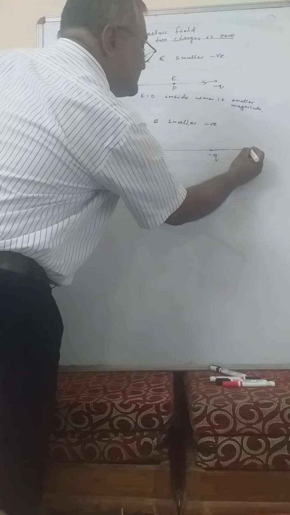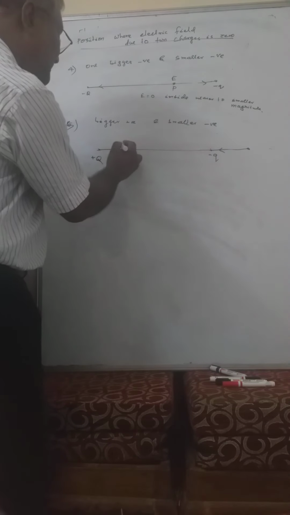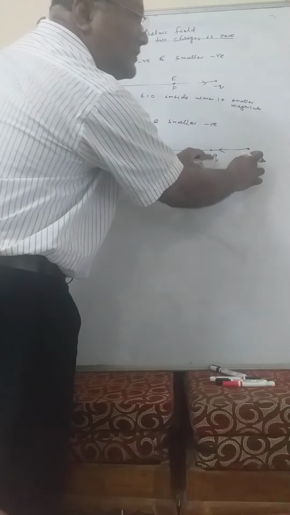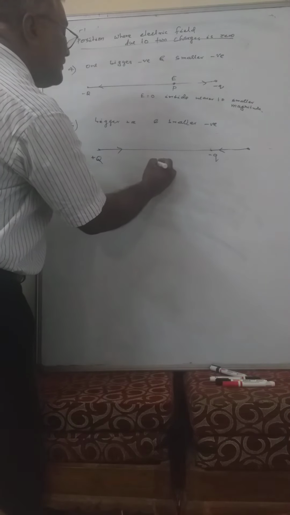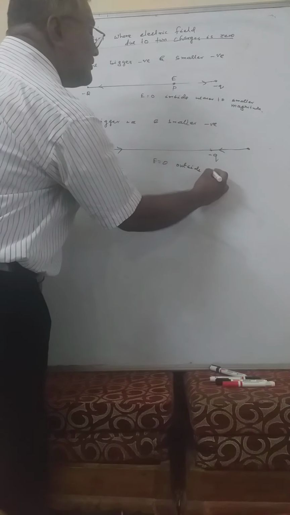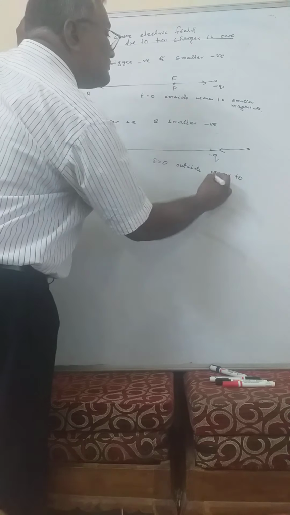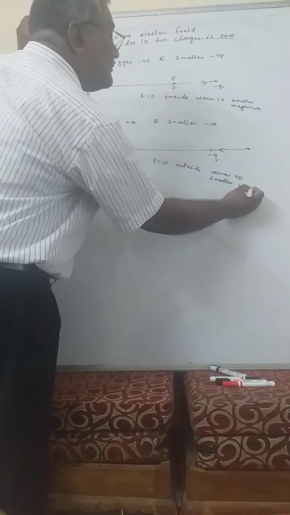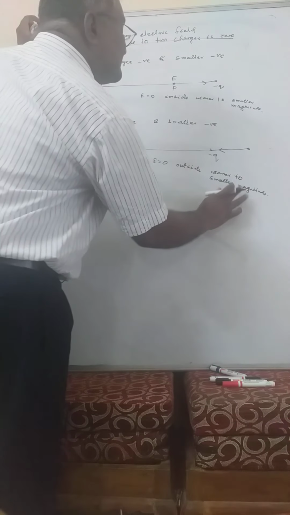If you take outside here, what will happen? Negative, towards, positive, away: bigger by bigger distance squared, smaller by smaller distance squared, the magnitudes will be equal and the directions opposite, so the field will be zero. So the field is zero where? Outside, nearer to the smaller charge.